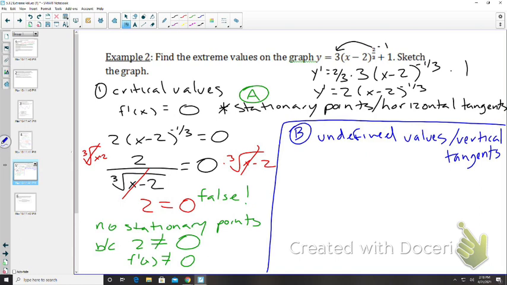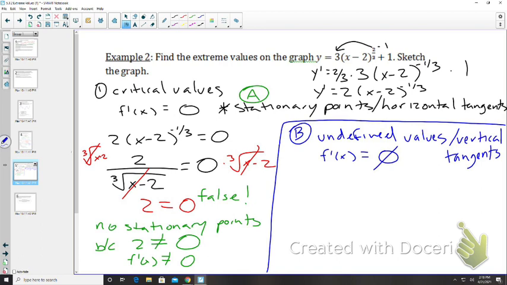So what does my f prime of x equal here? Undefined, you bet. Okay, so let's find where, let's put it back in this form with our denominator.